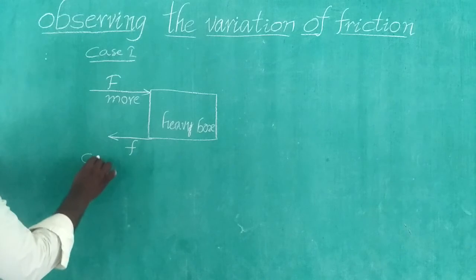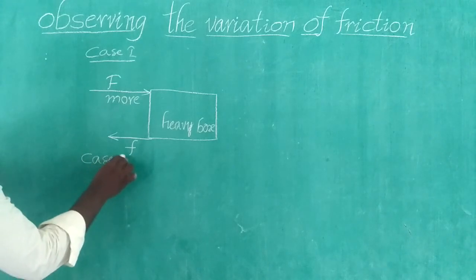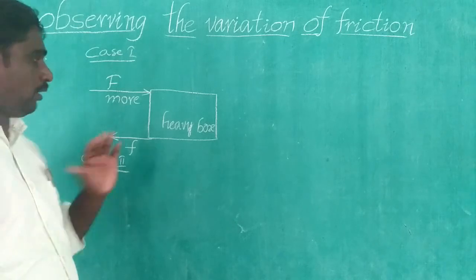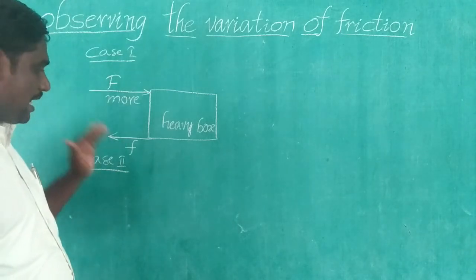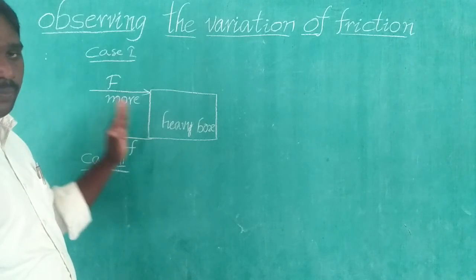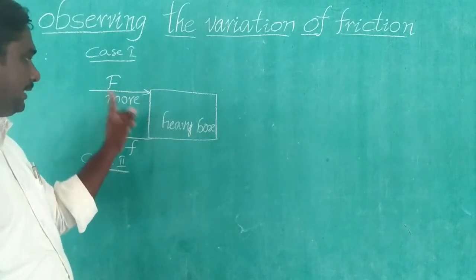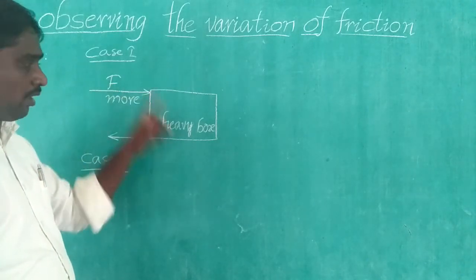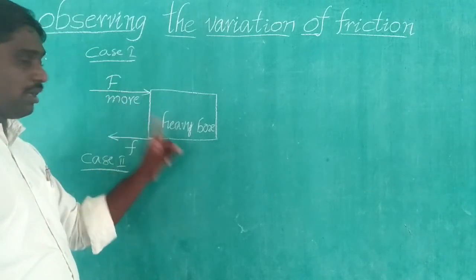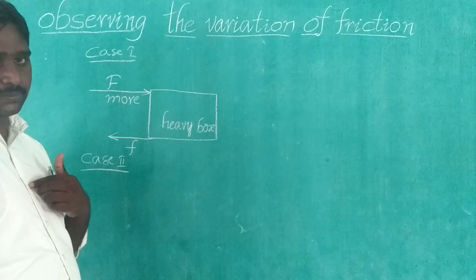Okay, in the second case, we observe that this box does not move. Why? Because the applied force and friction force are both equal in magnitude but in opposite direction. That is, as we increase the applied force on the heavy box, the friction force offered by the heavy box also increases.